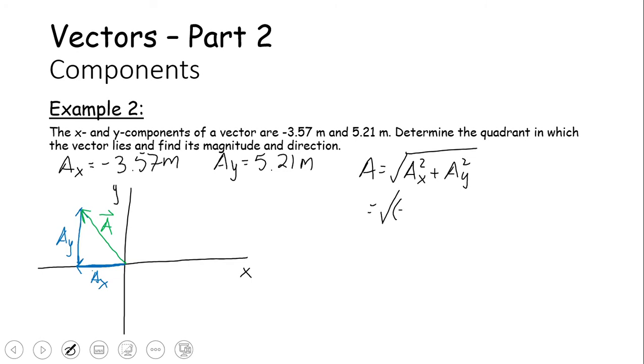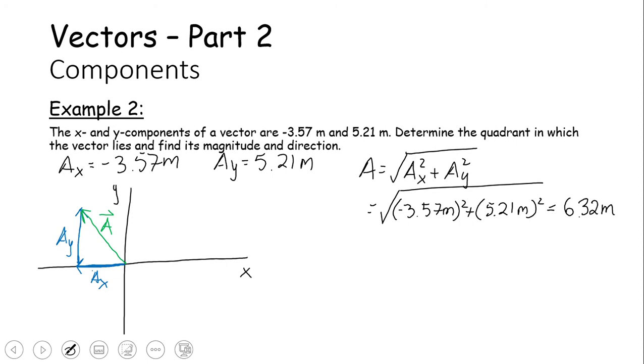So when we plug in the numbers, we get 3.57 meters squared plus 5.21 meters squared. And again, you're going to verify this, but if you do it correctly, you get 6.32 meters.